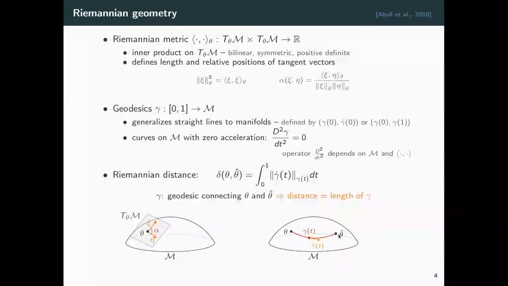What is very interesting is to define a Riemannian metric, because it gives the relative position and the length of the different tangent vectors. A Riemannian metric is an inner product on every tangent space, and it is very helpful.